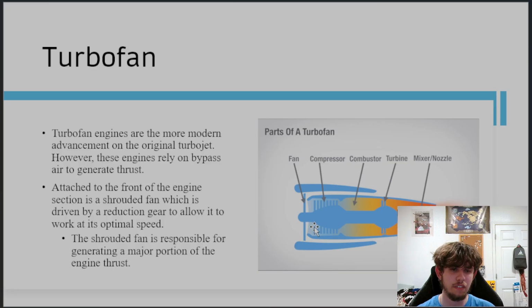The fan itself is attached to the front of the turbine engine via a reduction gear. The reduction gear allows the turbine internals to spin at a higher RPM than the fan, so that way the turbine can spin at its optimal speed and the fan can spin at its optimal speed without either one having to sacrifice a whole lot in terms of their effectiveness.